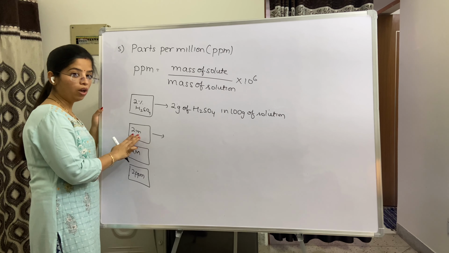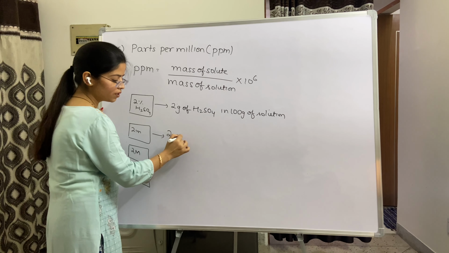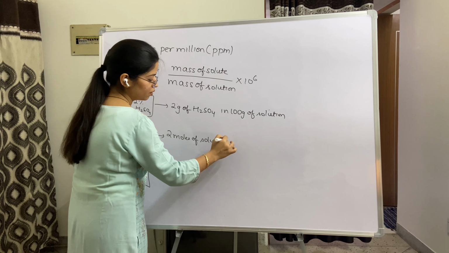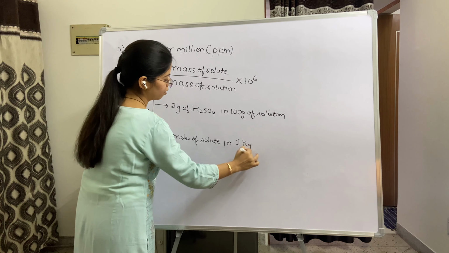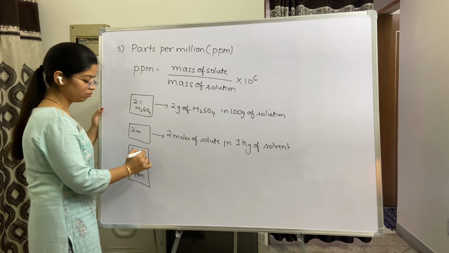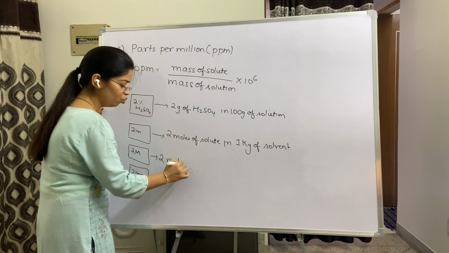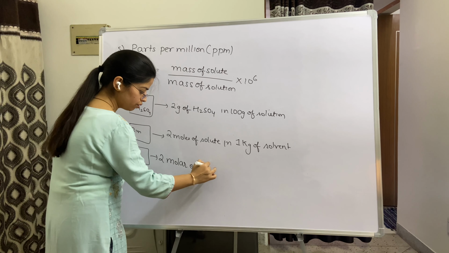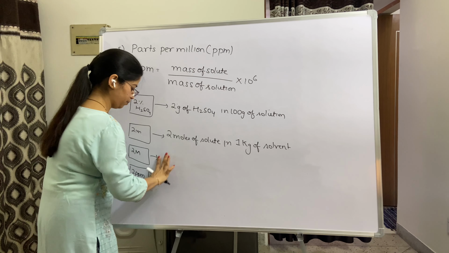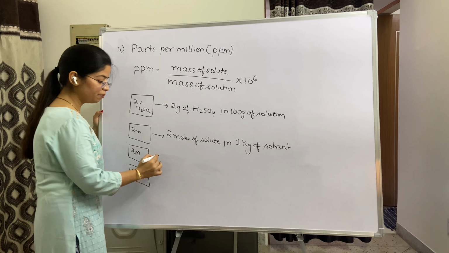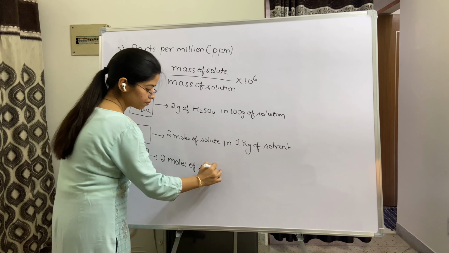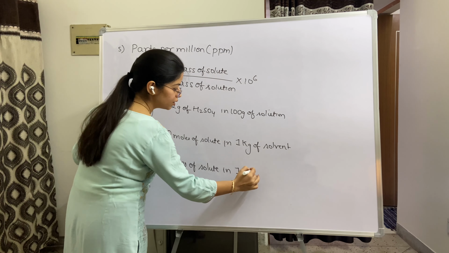If it is written 2 molal, it means 2 moles of solute is present in 1 kg of solvent. If it is written 2 molar, it means 2 moles of solute in 1 liter of solution.